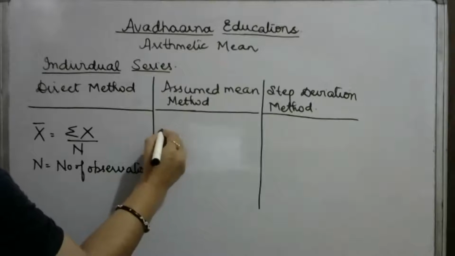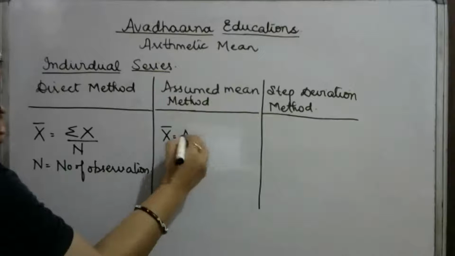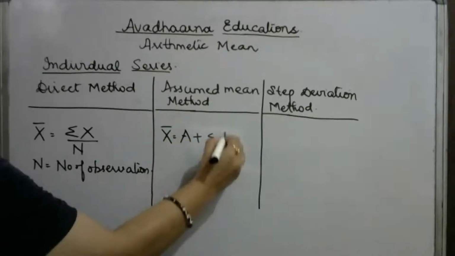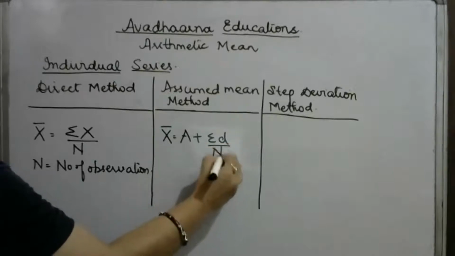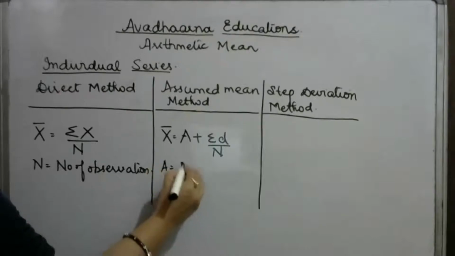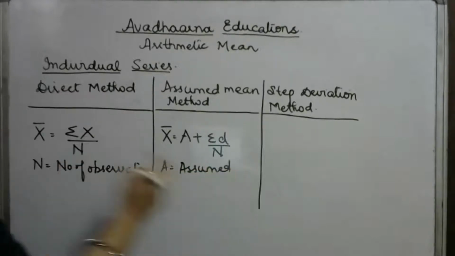Now, by assumed mean method, mean is calculated as a plus summation d over n, where a is the assumed mean and we take assumed mean from among the x variable.